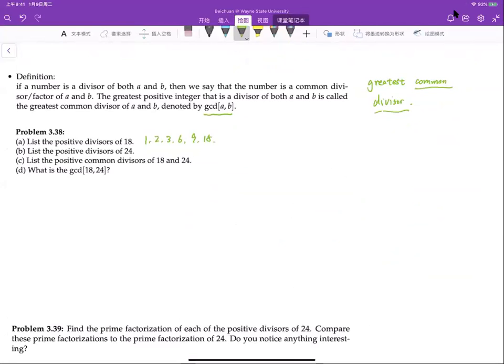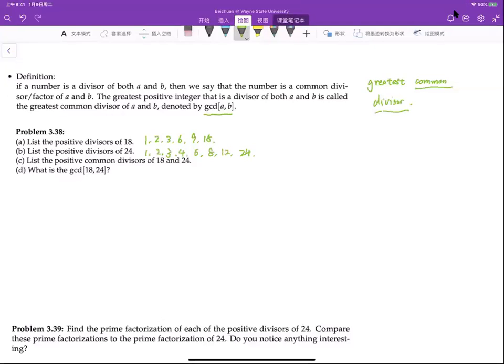And then for 24, you have 1, 2, 3, 4, 5 is not, 6, 8, 12, 24. So you can see that for 24, there are 8 divisors.